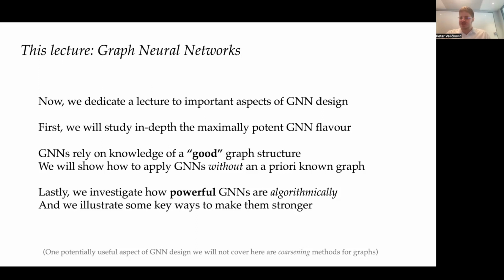One point I would like to make right now at the beginning is that we will not be covering any coarsening layers for graphs. If you remember the GDL blueprint, we've talked about all the components in that blueprint except for coarsening. The reason why we are not going to cover that, even though lots of very cool research exists on that topic, is that until now, there hasn't really been a state-of-the-art graph neural network architecture that relied on these kinds of local pooling methods.